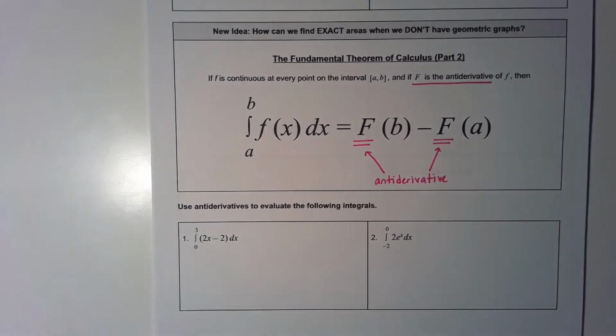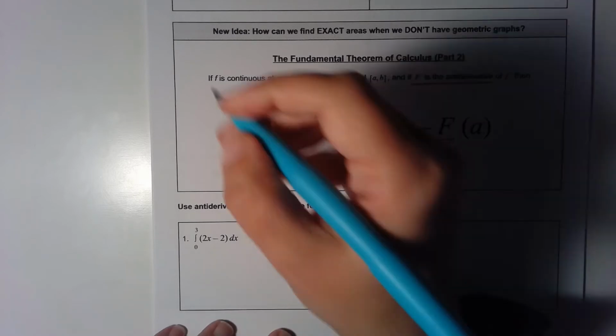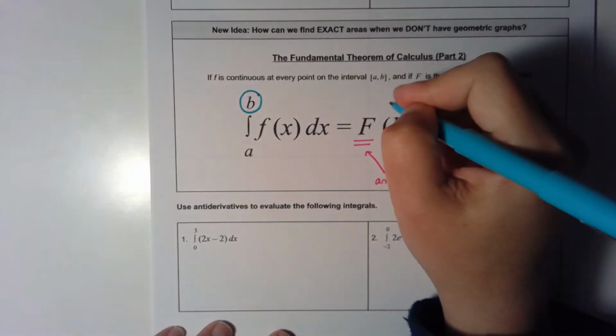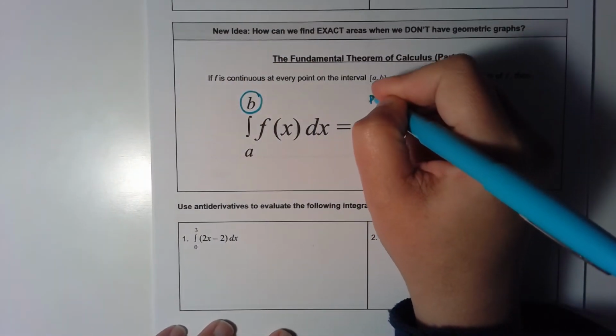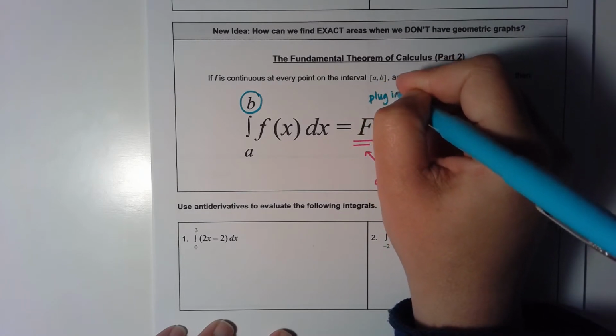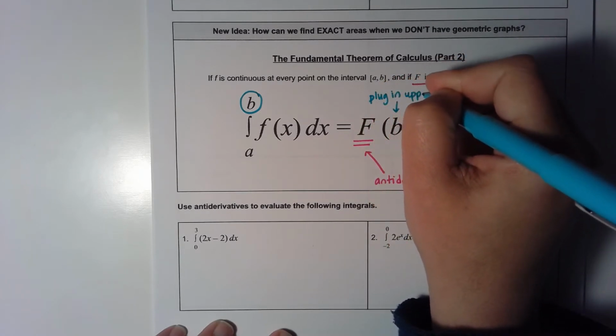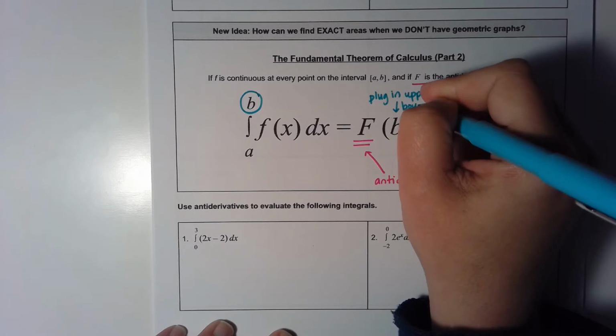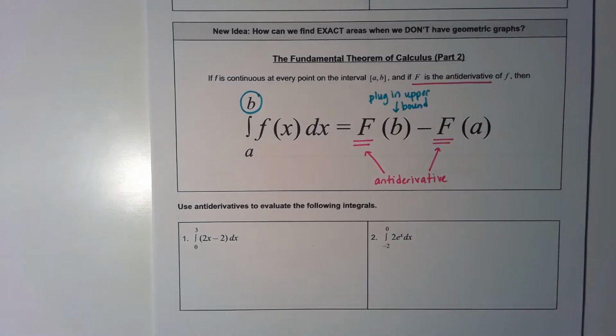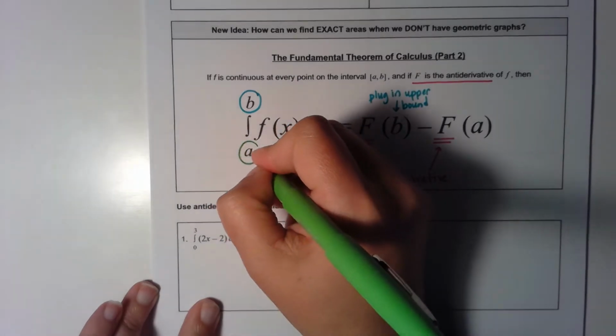And this is two steps. So you find the antiderivative and then you plug in the top number first and get an answer. And then you subtract, it's always subtraction, and then you plug in the bottom number.